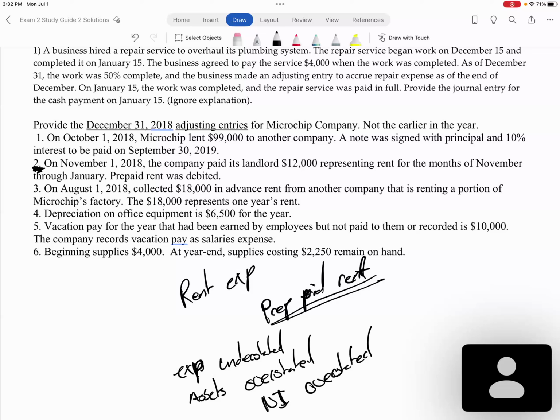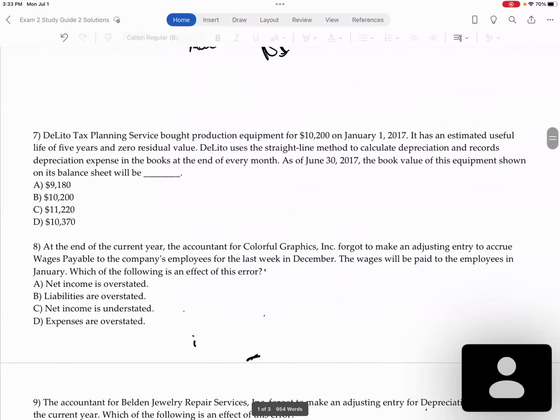Oh, we got that one. Okay. I think that's all right for understated, overstated ones. Okay. So the only other thing I wanted to do.